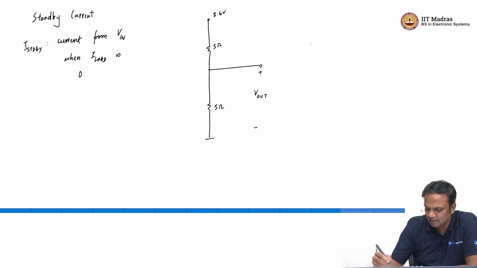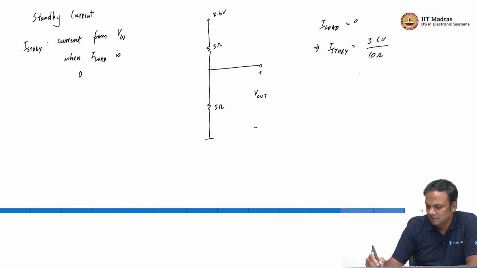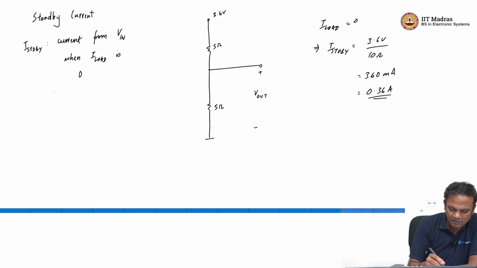So, if I load equal to 0 implies I standby is just 3.6 volts by 10 ohms, which is 360 milliamp or 0.36 amperes. So, this is 360 milliamperes, right.